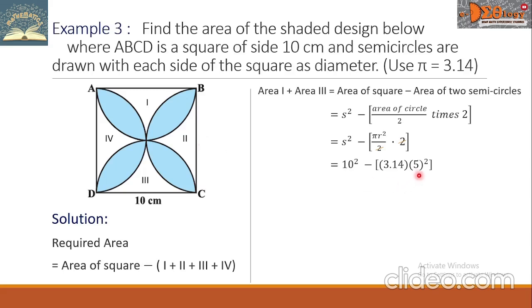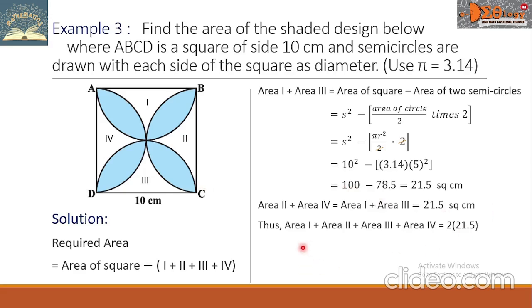That is why we write here 5. And when we simplify this, we have 78.5. And the difference is 21.5. And the unit of measurement is square centimeters. Now, looking at our figure, the area 2 and area 4 is equal to the area of 1 plus 3. That is 21.5 square centimeters also.